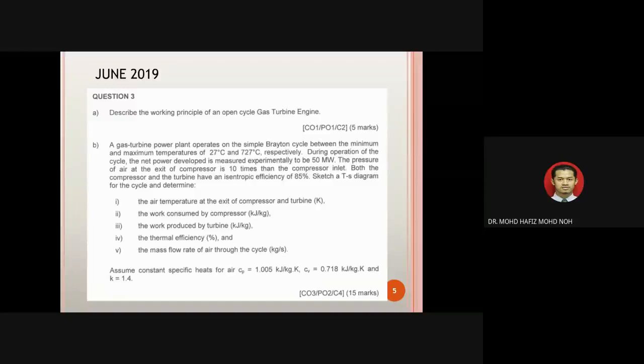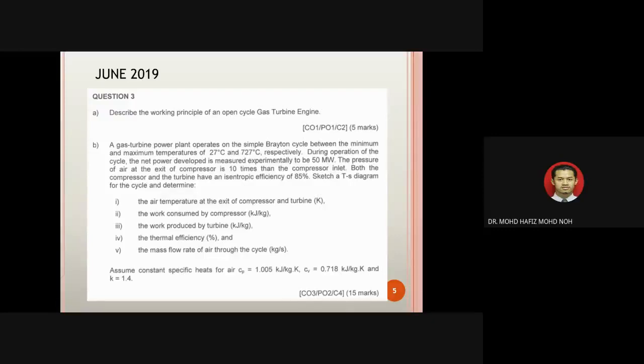So you have to sketch the TS diagram based on the cycle, and then determine the air temperature at the exit of the compressor and turbine, the work consumed by the compressor, the work produced by the turbine, the thermal efficiency, how many percent, and the mass flow rate of the air through the cycle. They give you the value of Cp, 1.005, and Cv is not used in this gas turbine, and the value of k, of course, 1.4.